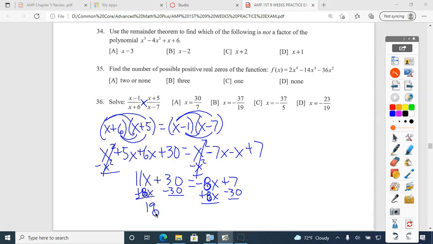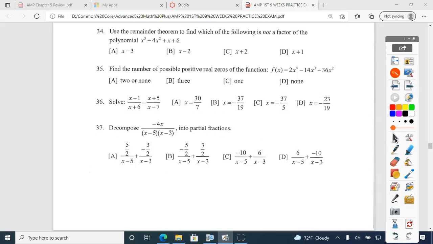Even your teacher makes mistakes. 19x equals negative 23. Divide by 19, not negative 19, but positive 19. And so now, that's still not, oh, there it is. Yeah, it is. Okay. I messed up again. Okay. So D, negative 23 over 19 for 36.